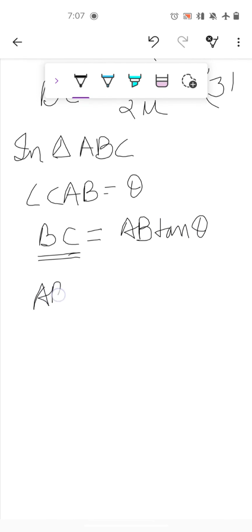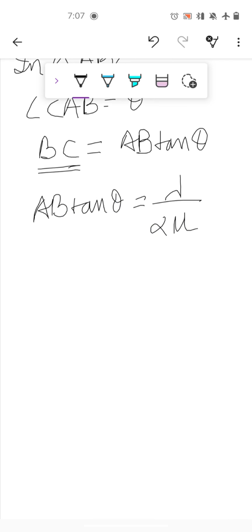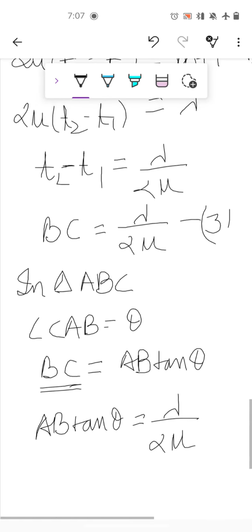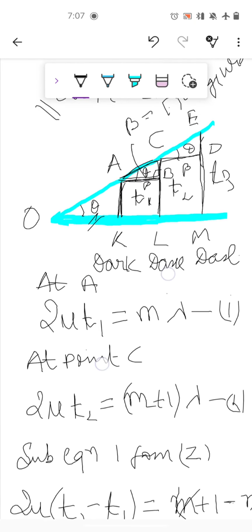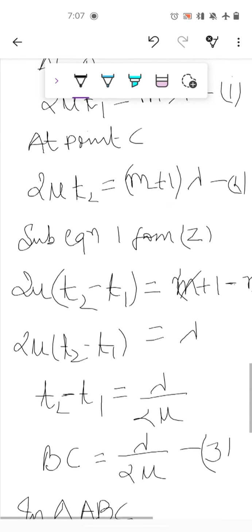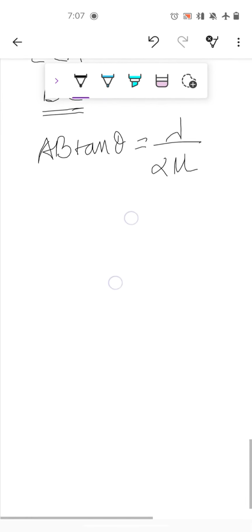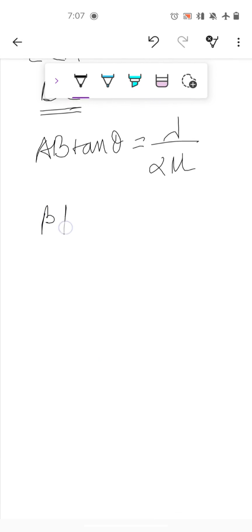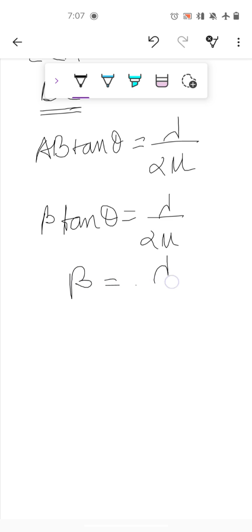So AB tan theta becomes lambda upon 2 mu. Now what is the value of AB from the figure? AB is the perpendicular distance between two consecutive dark fringes, so it is beta. So we can replace AB by beta. So beta tan theta is equal to lambda upon 2 mu, or we can write beta is equal to lambda upon 2 mu tan theta.